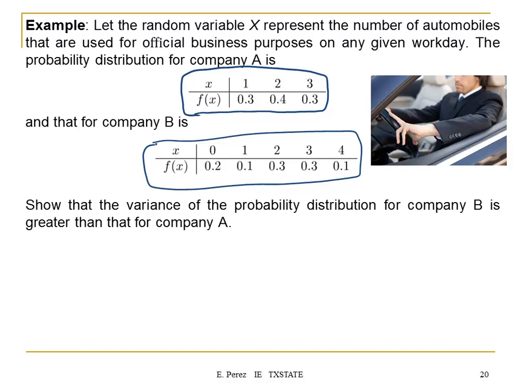Okay, so let's look at company A. So let's find mu, or the mean, for A. So that's E of x. Anyone remember how to get the expectation for a discrete random variable? Summation over x of x times f of x.